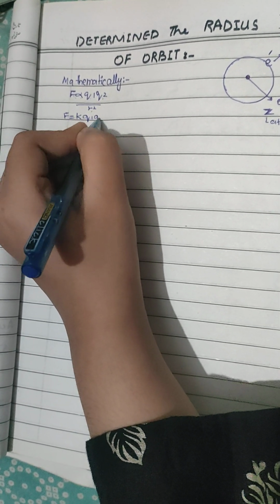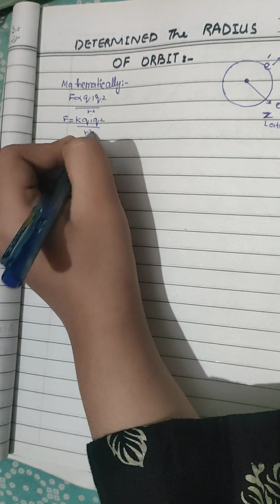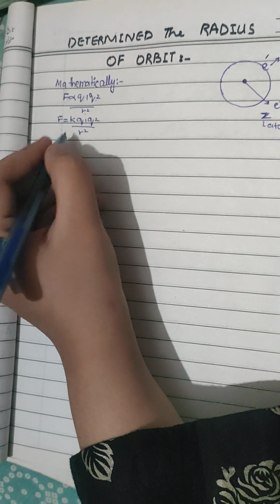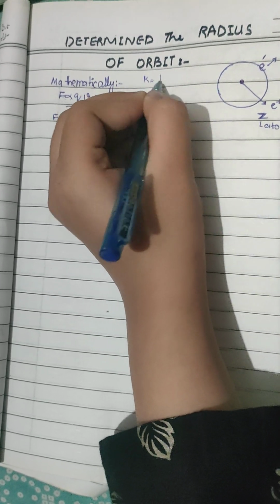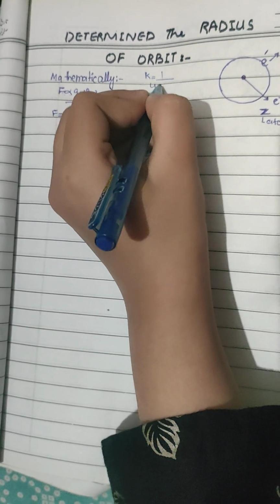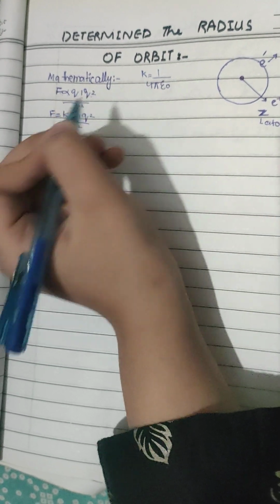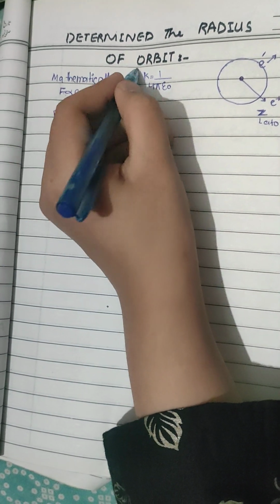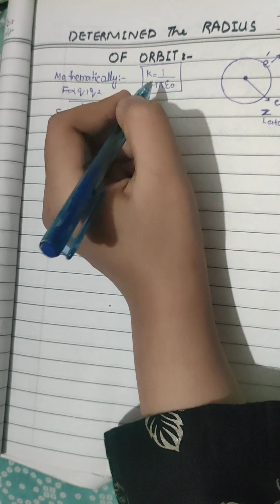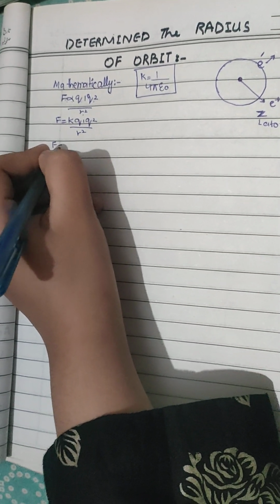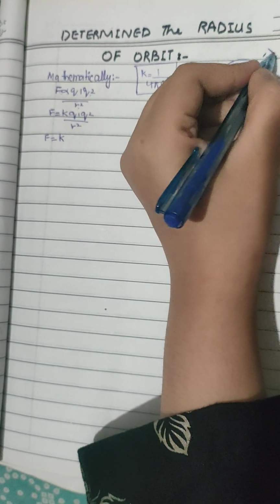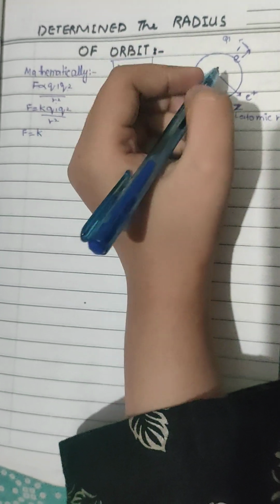F is equal to K Q1 Q2 upon R square. Here the value of K is 1 upon 4 pi epsilon. K is equal to 1 upon 4 pi epsilon. So F is equal to K, and here you can see this one I named as Q1, while this one I named as Q2.